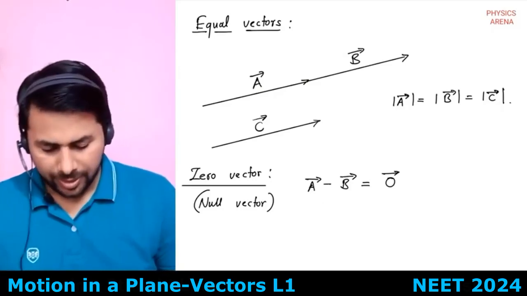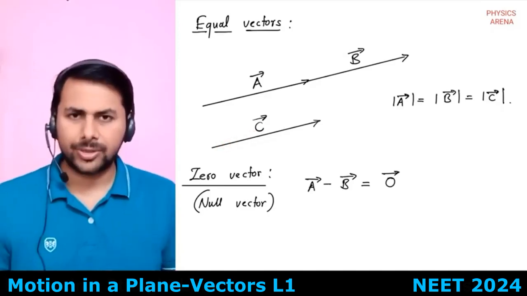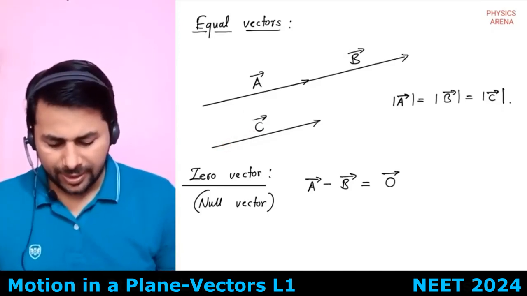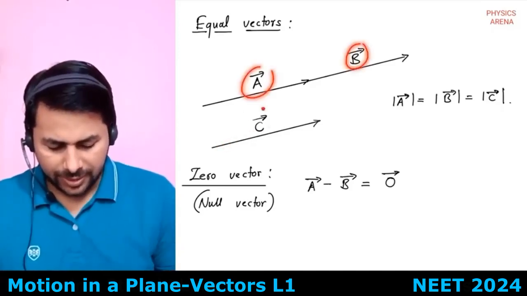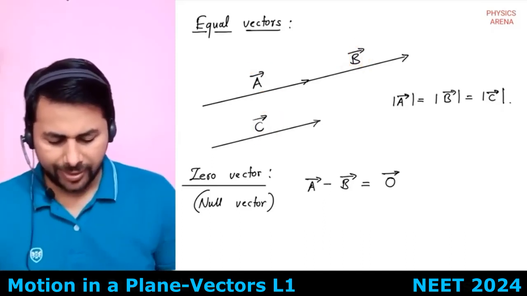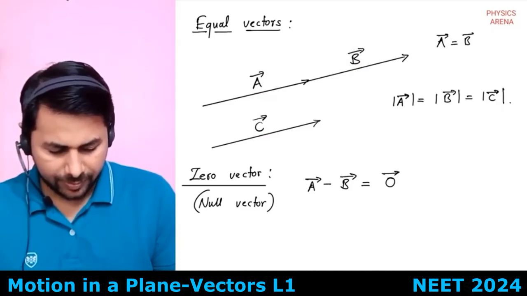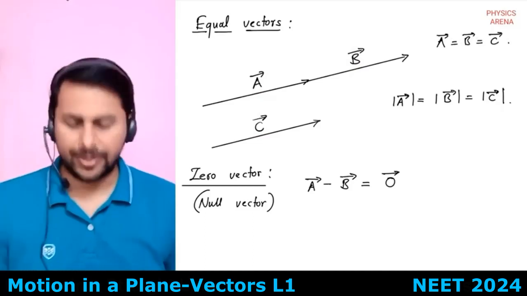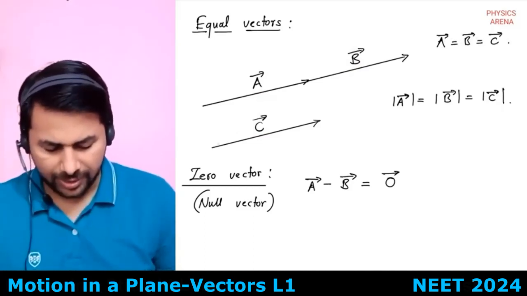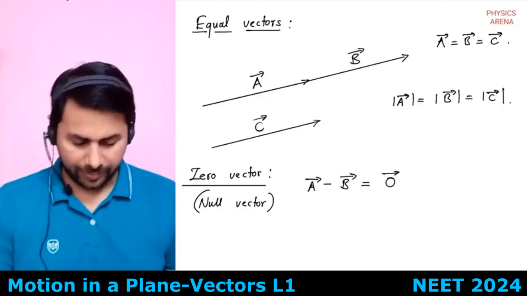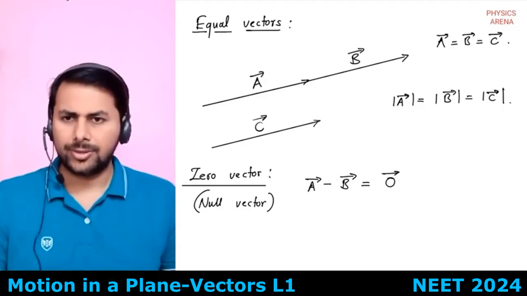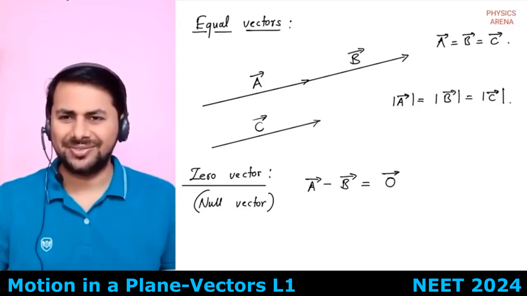Most of the time we consider free vectors, and these vectors are considered to be equal. So a bar is equal to b bar is equal to c bar if the magnitude is the same and the direction is the same. So equal vectors is clear.